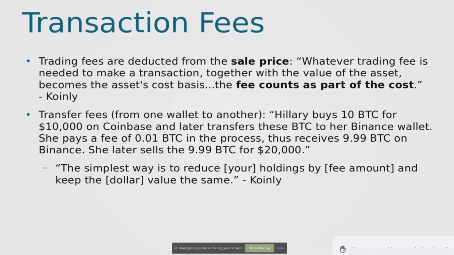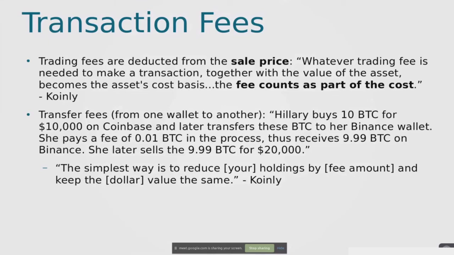If I have a transfer fee from one wallet to another, they give a good example. Say Hillary buys 10 BTC for 10,000 on Coinbase and later transfers these BTC to her Binance wallet. She pays a fee of 0.01 BTC in the process, so she only receives 9.99 BTC on Binance. She later sells that 9.99 BTC for 20,000.